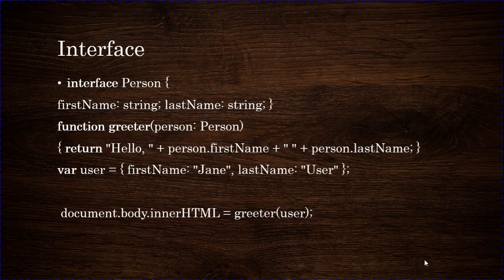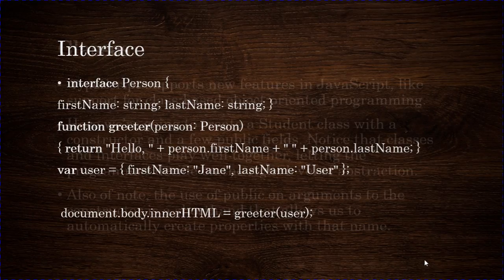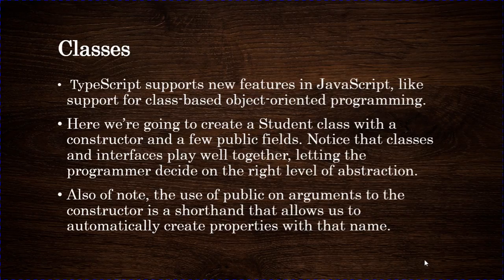We return from the greeter function hello, first name and last name, and we pass the value on the next line: user, first name is Jane and the last name is user. Then we run the code and we see on the screen hello Jane. This is document.body.innerHTML with the greeter and the user.